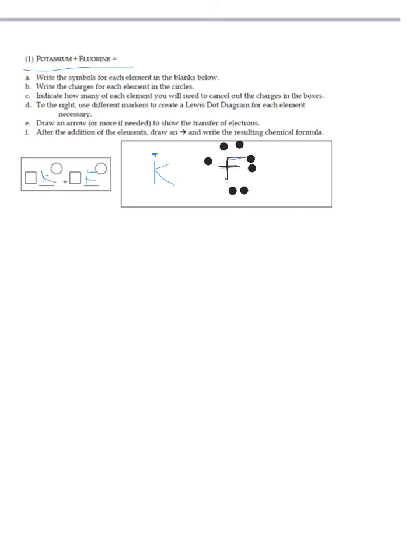So what is going to happen is that this electron is going to move over here. When that happens, that will create a potassium that has a positive charge and a fluorine that has a negative charge, and those will combine together to make potassium fluoride.